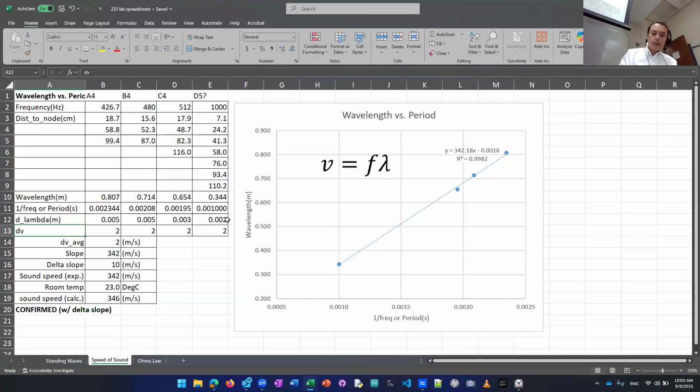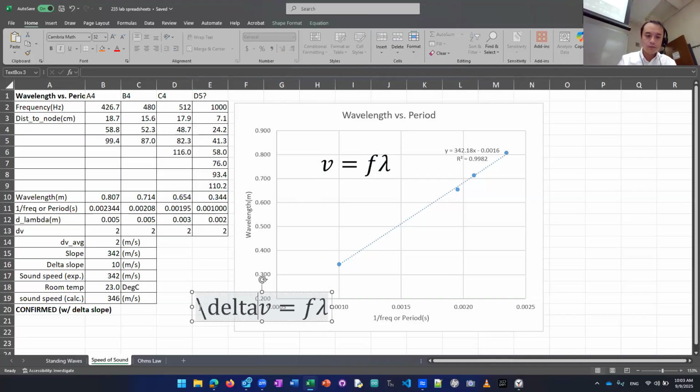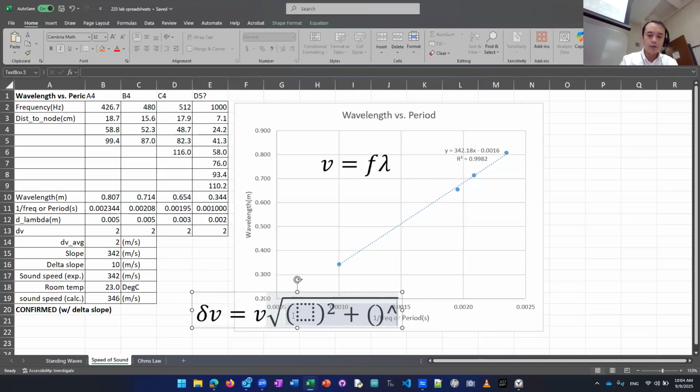This is what I'm calculating. V times square root. Oh, went all the way out of the formula editor. Okay, here we have a square root, and we have a square plus another thing square.